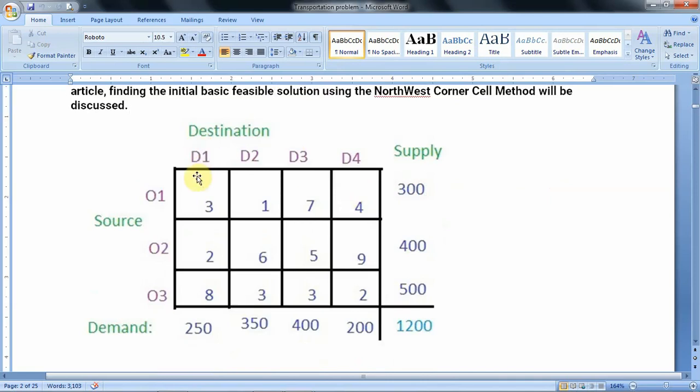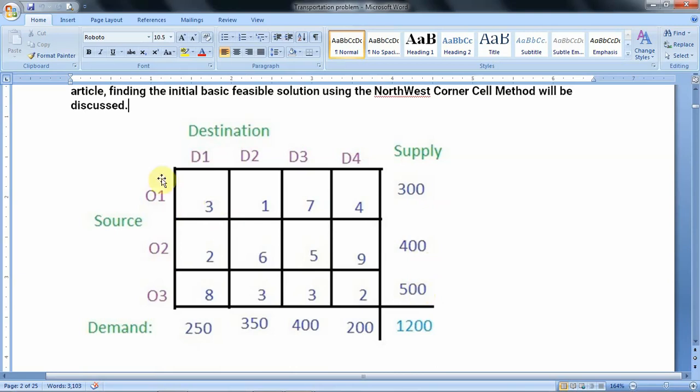So first here, source values O1, O2, O3 and destination points D1, D2, D3 and D4. Here are the cost values. Here 3 rows are there and 4 columns are there. So M is 3 and N is 4. Next, supply units are there: 300 in the first row, 400 in the second row, and 500 in the third row.